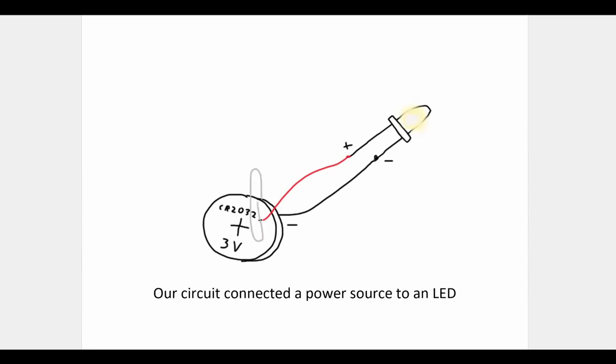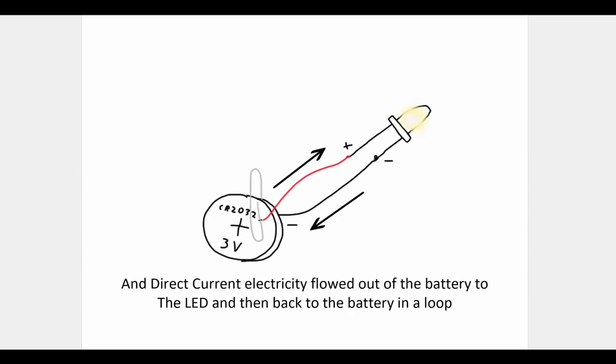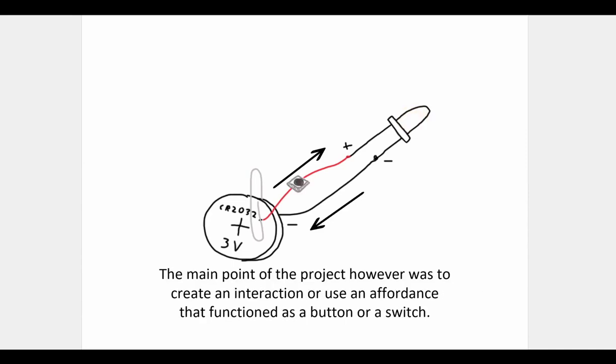We connected a power source to an LED, and direct current, remember DC electricity, flowed out of the battery to the LED and then back to the battery in a loop. The main point of the project, however, was to create an interaction or use an affordance that functioned as a button or switch.